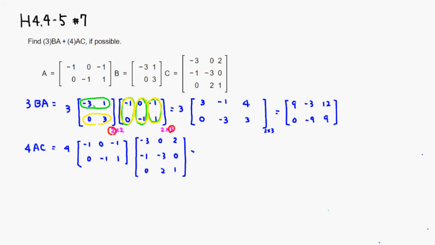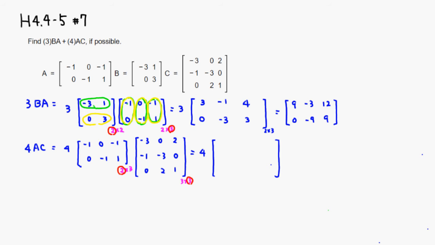I'm going to leave the 4 for now. Let's check the dimensions: 2 by 3 times 3 by 3 is compatible, and the resulting matrix is again 2 by 3.